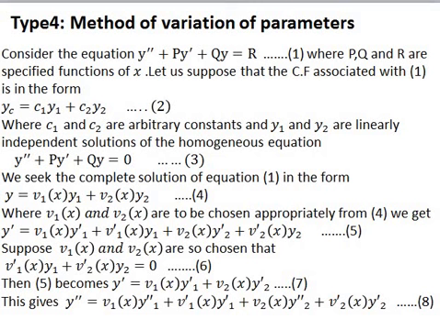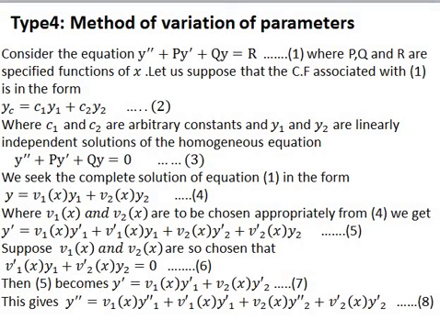We seek the complete solution of equation 1 in the form y is equal to v1 of x y1 plus v2 of x y2, equation 4, where v1 of x and v2 of x are to be chosen appropriately.